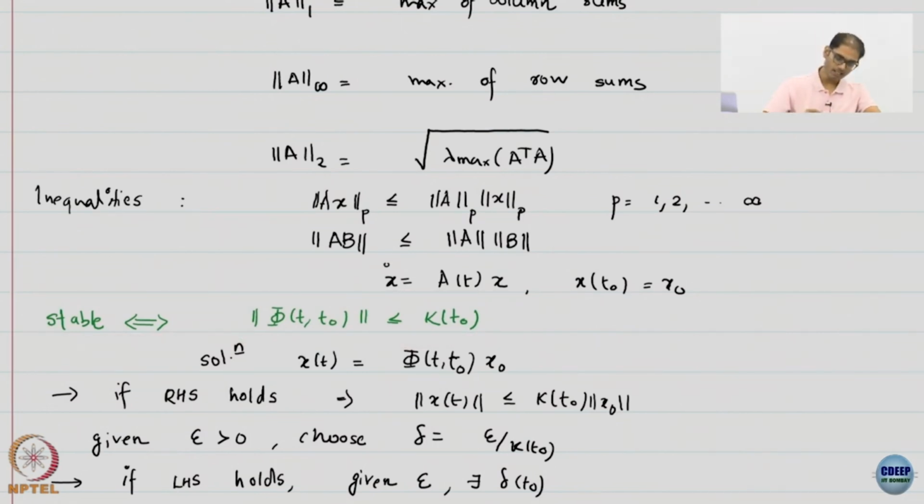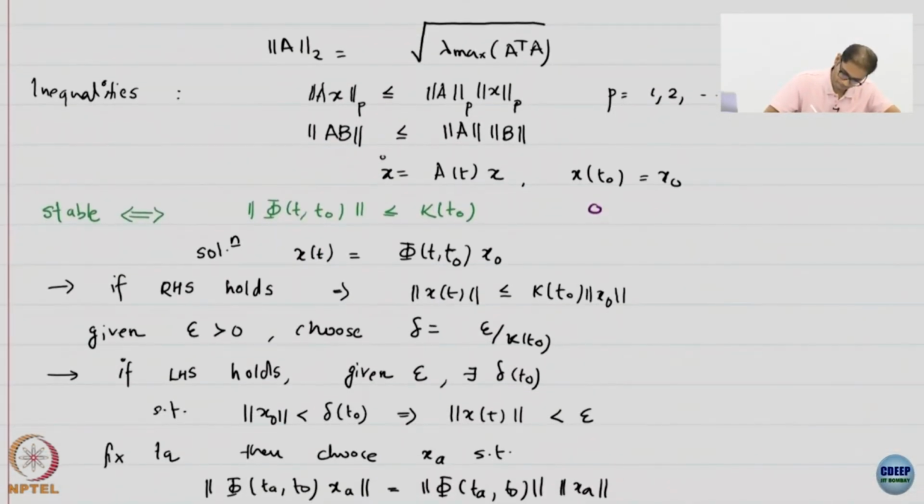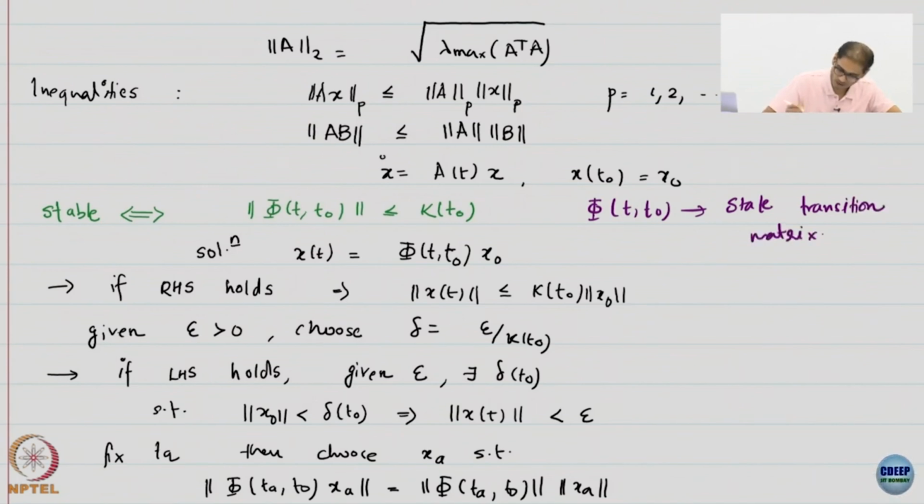Okay, basically what is this notation? I hope all of you know this notation. This phi, capital phi by the way, is the state transition matrix, or the fundamental matrix, whatever you want to say.